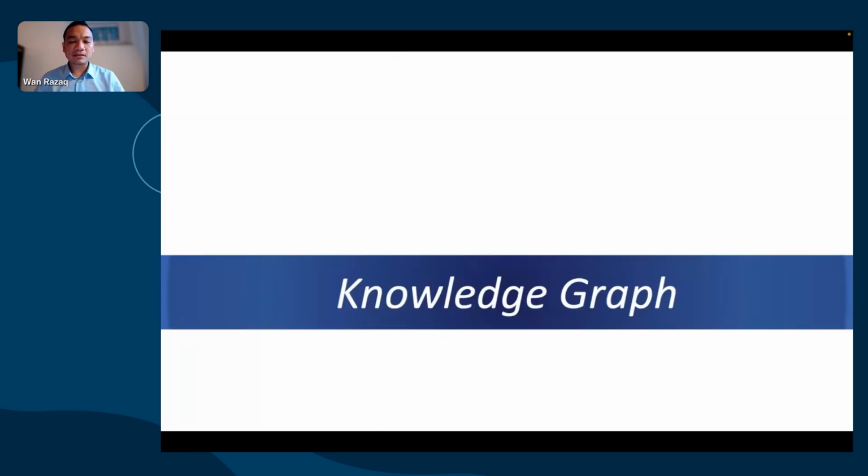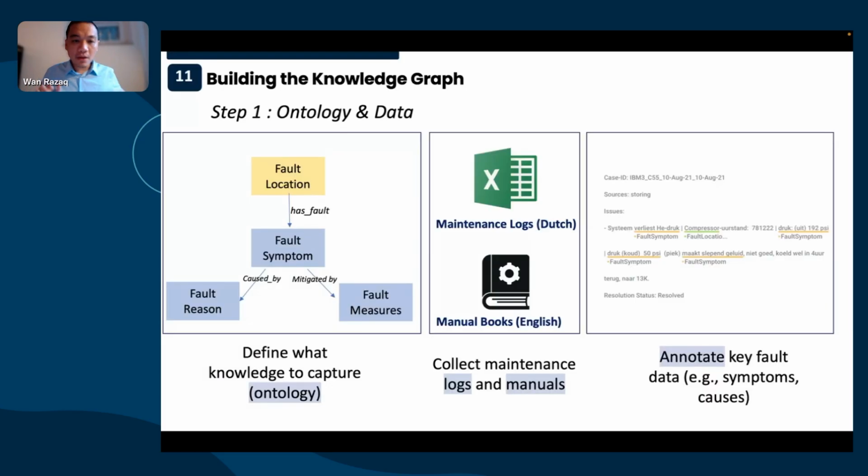Okay, first, the knowledge graph. So how did I come up with the knowledge graph? First, I started by defining the ontology, which is how we model the faults. There are 4 nodes or 4 levels for the entities. First is the fault location, which is where the fault is occurring. From the fault location, it connects with fault symptoms, which are the symptoms of that particular fault.